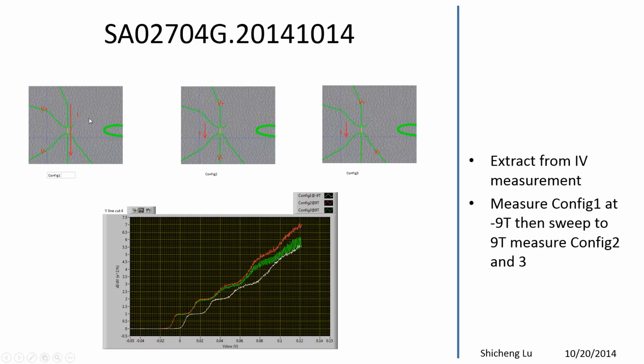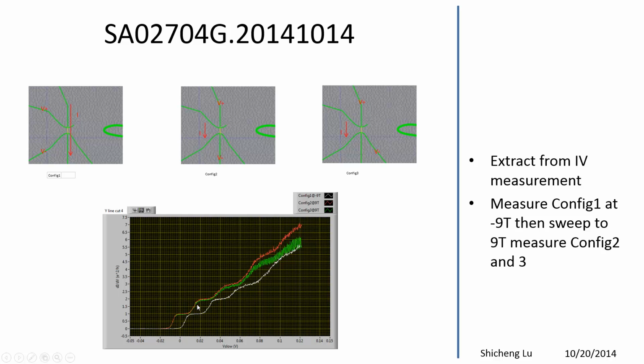For comparing the source current path, you can see configurations 1, 2, 3. This one is the source current in a straight wire, and this one is the source current in a curved wire. At 9 Tesla, we can compare configurations 1, 2, and 3. Basically, there's only some offset between -9 and 9 Tesla, because I measured at -9 Tesla first, then went back to 9 Tesla and measured configurations 2 and 3, which are these two curves.